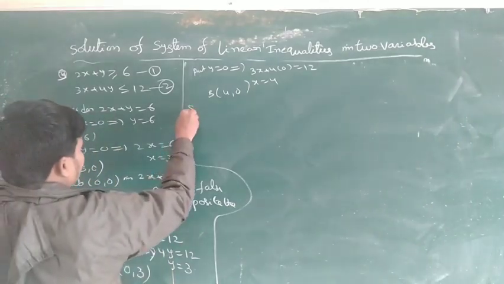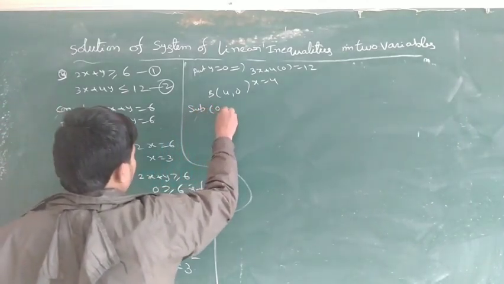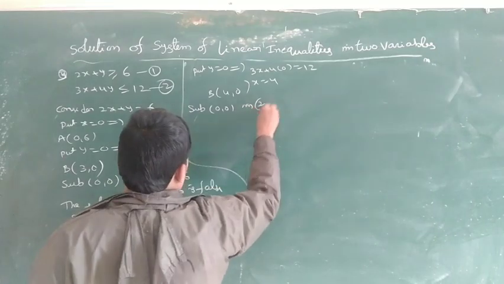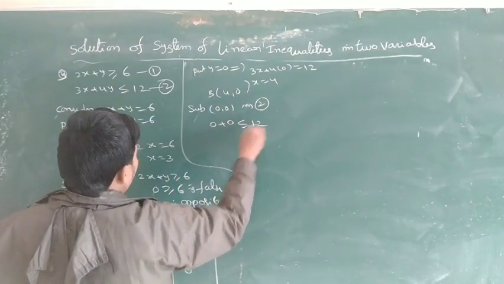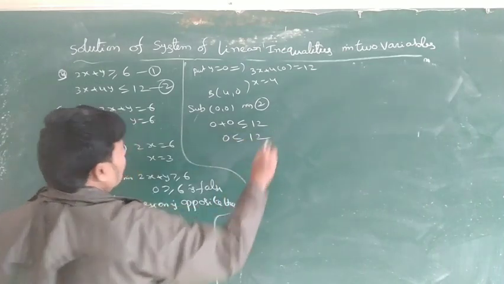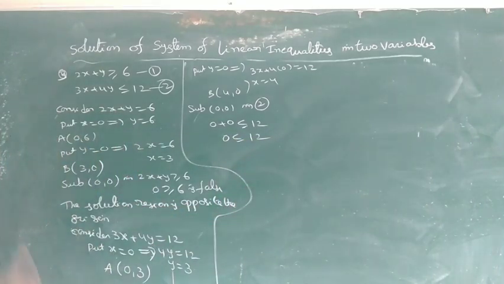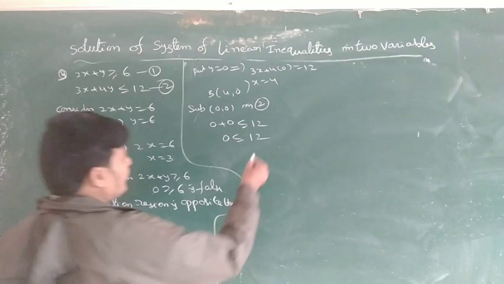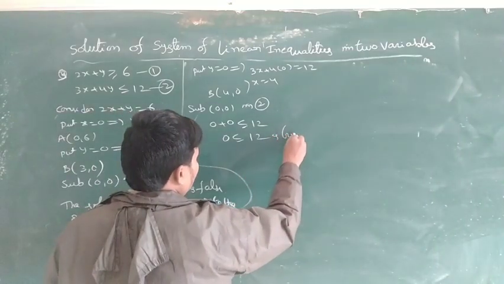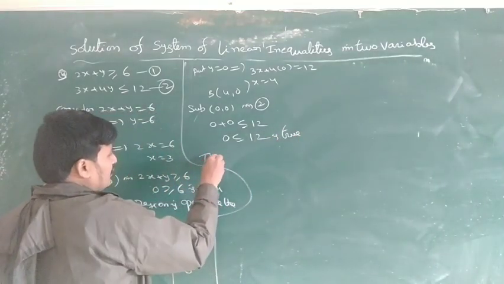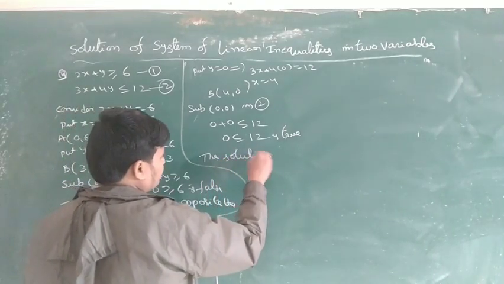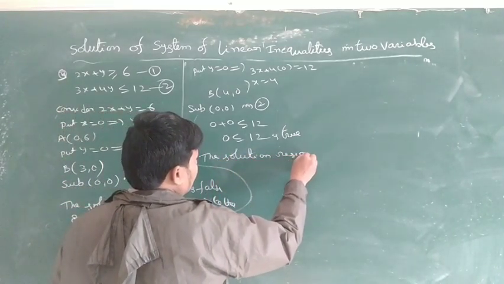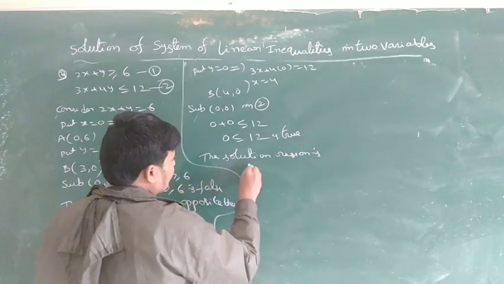Directly substitute 0, 0 in equation number 2: 0 plus 0 less than or equal to 12, so 0 less than or equal to 12. Is it true or false? It is true. True means the solution region is the origin side.